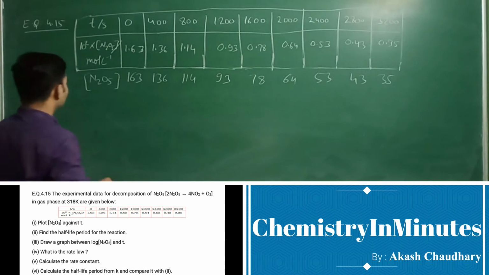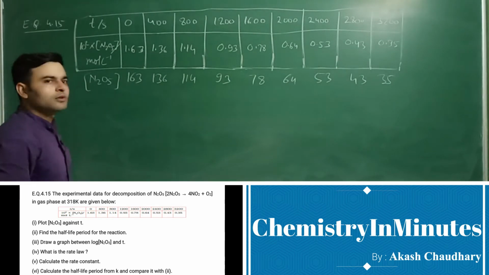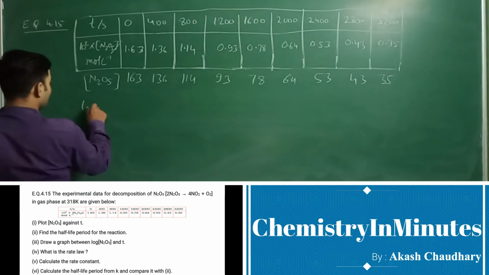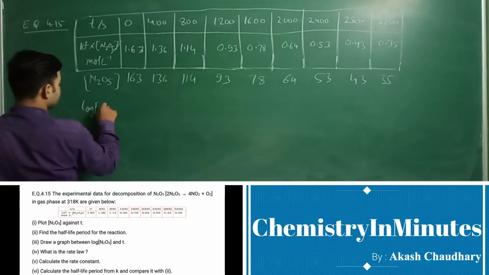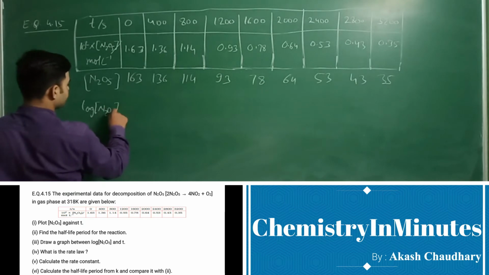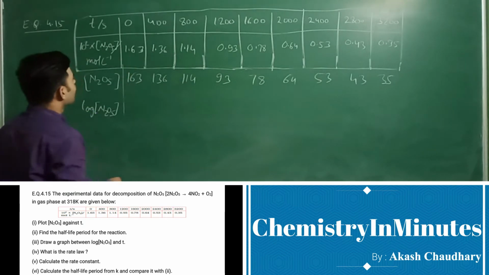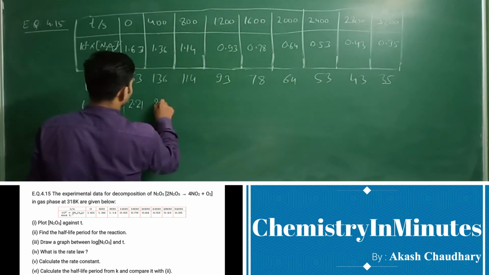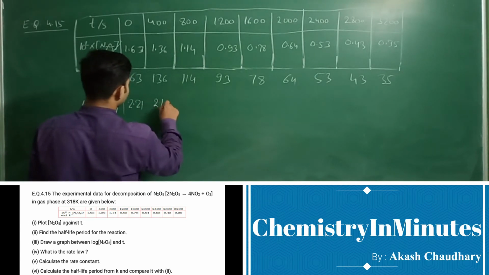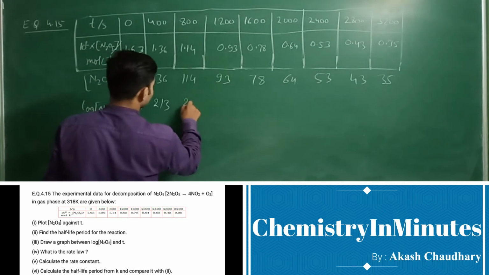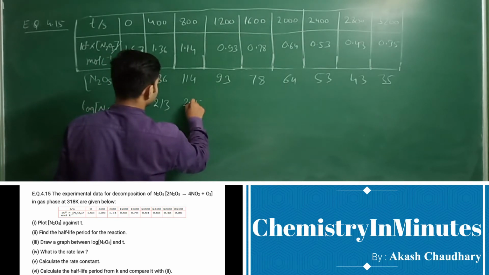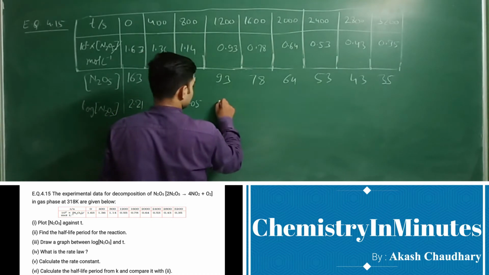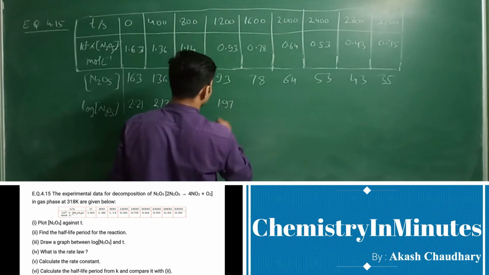Now we have to plot a graph between log of concentration of N2O5 and T, so we have to find those values also. Log of 163 is 2.21. Log of 136 is 2.13. This will come as 2.05. Log of 114. Now log of 93 is 1.97.